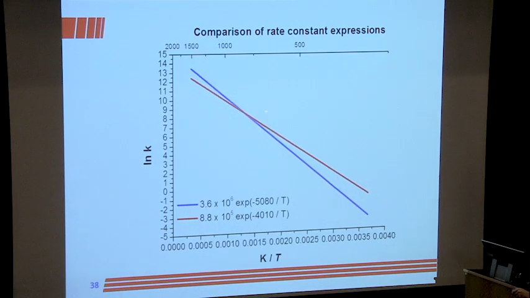But you can see here there's a crossover. Around, what is it, about 800 Kelvin, the 2 rate constants are equal. Above that, the activation energy isn't as important because we're higher in temperature, and now the frequency factor becomes dominant. The frequency factor of this reaction is higher than that of this one, so now this reaction becomes faster.